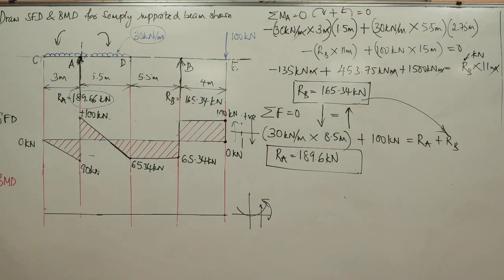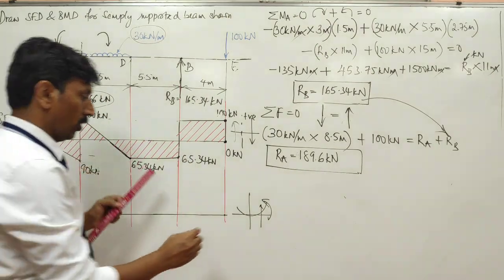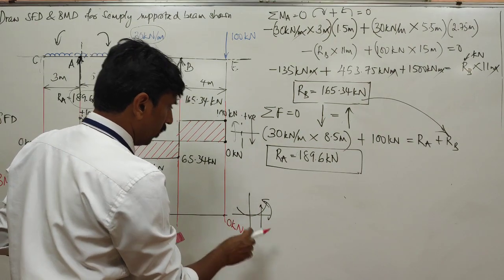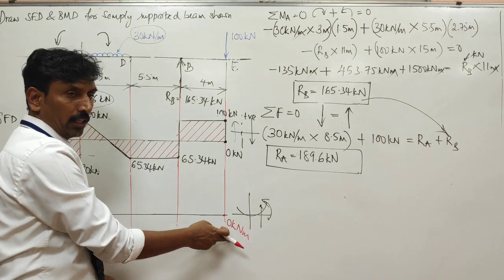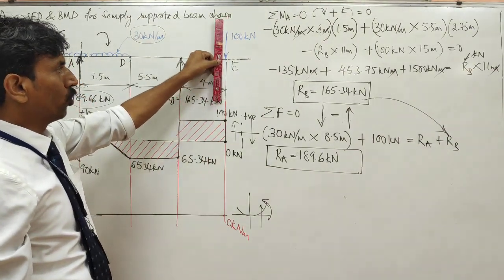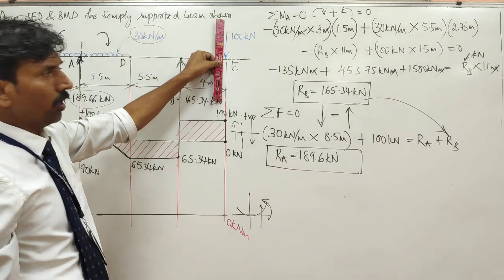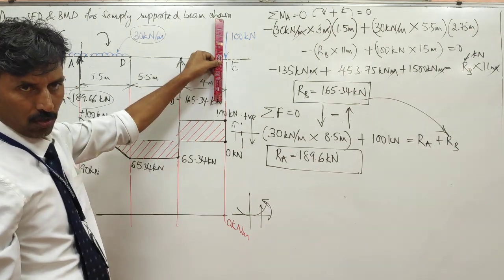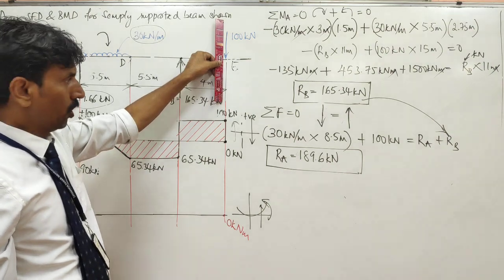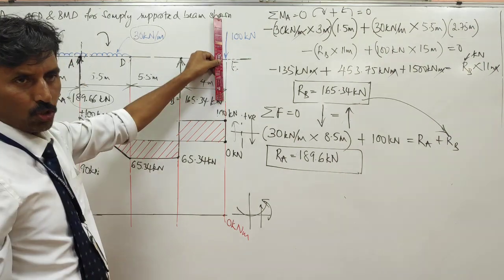Let me use a different color so that it doesn't confuse. 0 kilonewton meter. Here I was writing kilonewton; here it is force into distance, so it is kilonewton meter. When I move to the left hand side of the beam, there is force but there is no distance. So force into no distance is 0. So when you move across E, there is no change.